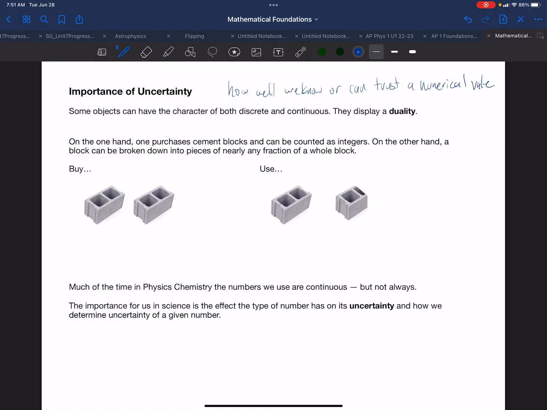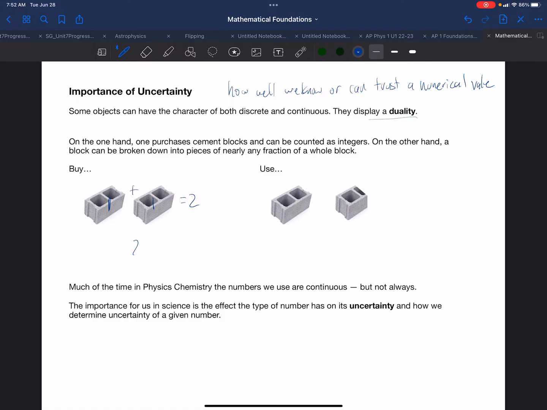And it turns out that when it comes to whether something is discrete or continuous, some entities can display a duality. And let me give an example. If we were to go to the store and buy cement blocks, we could buy 1 block, and we could buy another one, and we would buy 2 cement blocks.